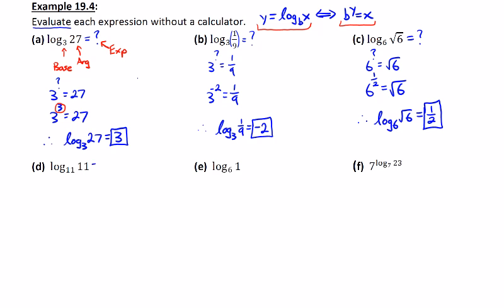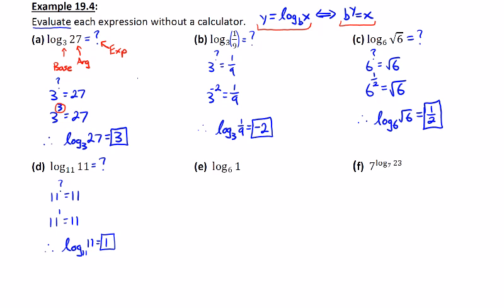If I set this equal to my question mark and rewrite it, I would get 11 to the question mark has to equal 11. And there's only one exponent that will make that true, and that's an exponent of 1. So therefore, log base 11 of 11 has to equal 1. Part E, we have log base 6 of 1.